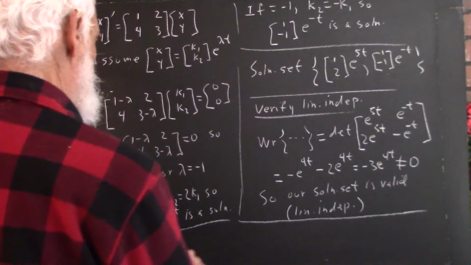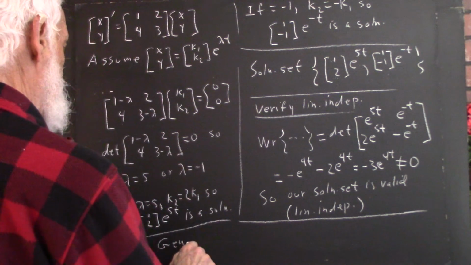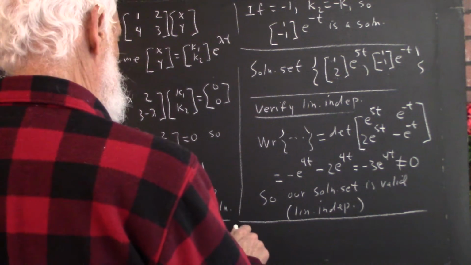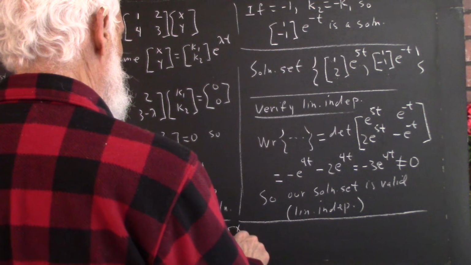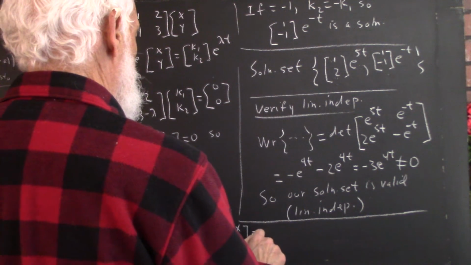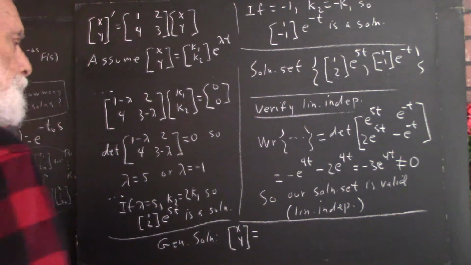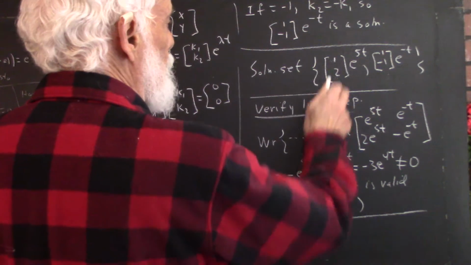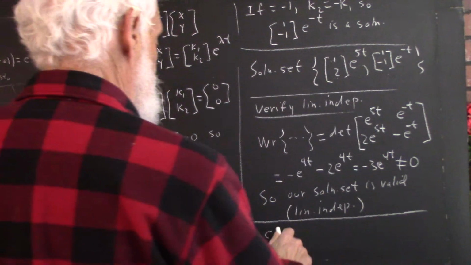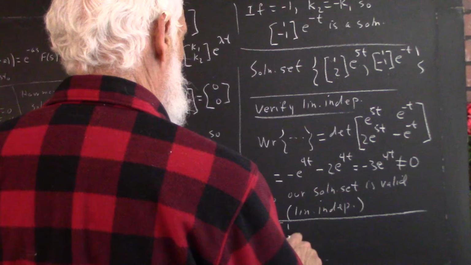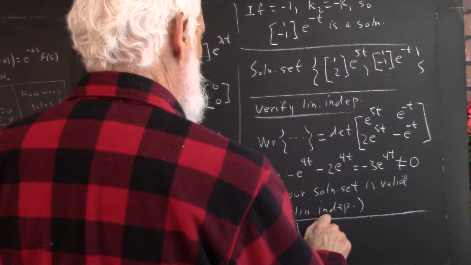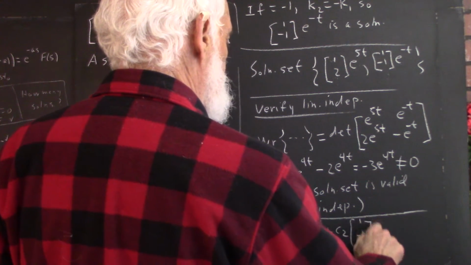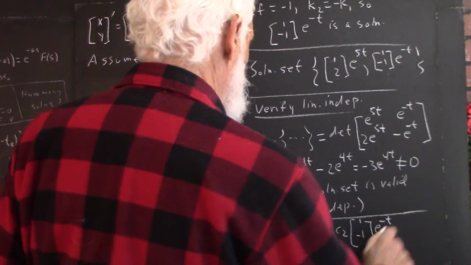So the general solution, your x y function, is C1 times this plus C2 times this: C1 times (1, 2) e to the 5t plus C2 times (1, negative 1) e to the negative t.